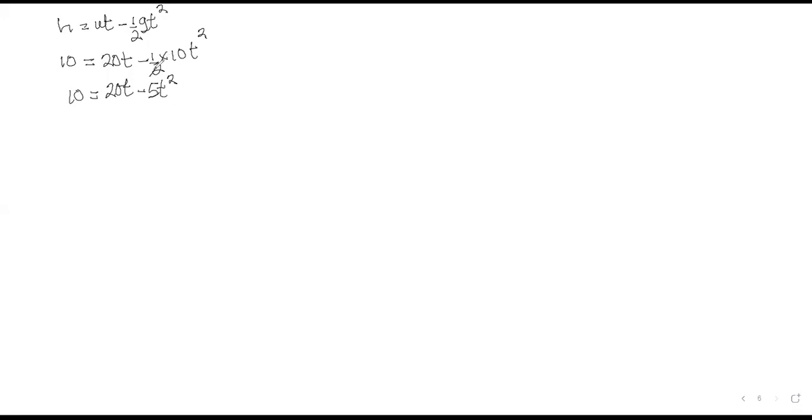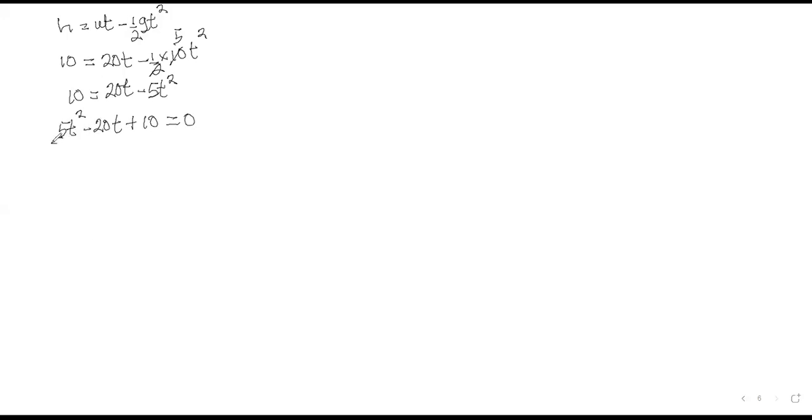We want to represent this as a quadratic expression, so I'm equating everything to 0, and I want to change this to be positive. When 5T squared and 20T cross the equal sign, we have positive 5T squared, negative 20T, plus 10 is equal to 0.